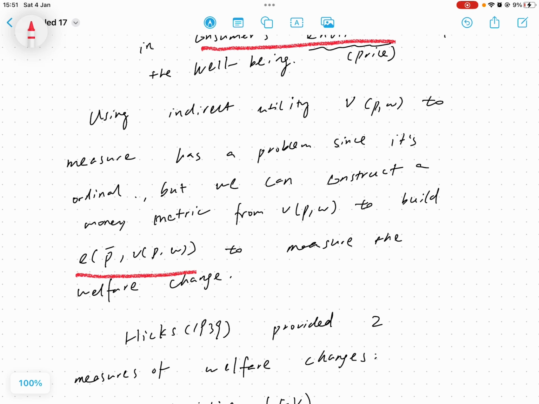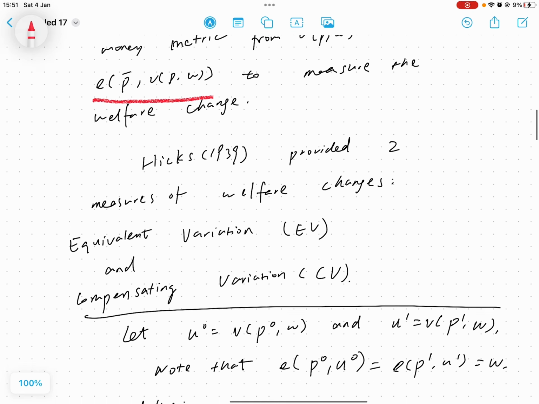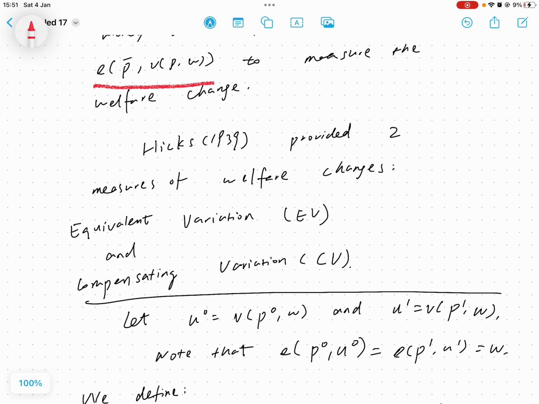A long time ago, Hicks, the person behind Hicksian demand, in 1939 provided two very famous measures of welfare changes. One is called equivalent variation, EV, and the other is compensating variation, CV.